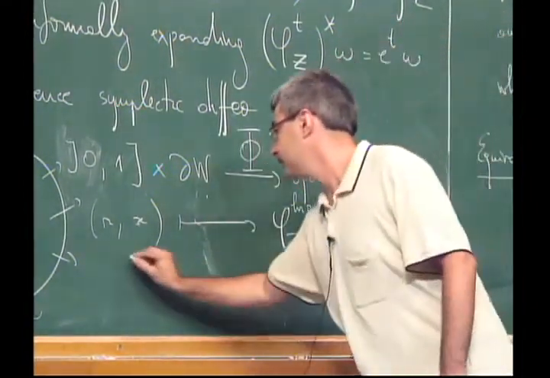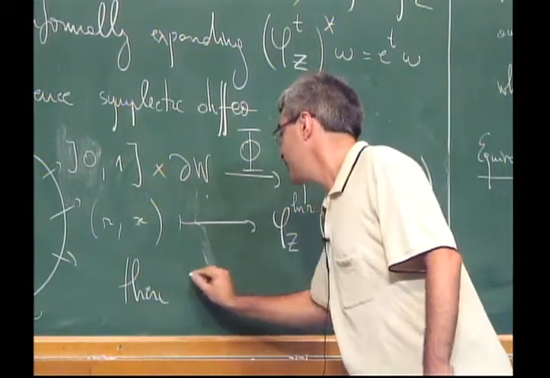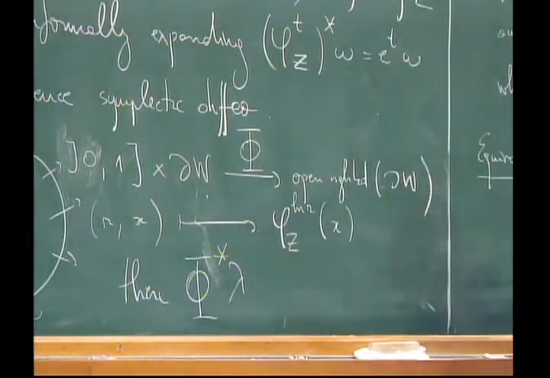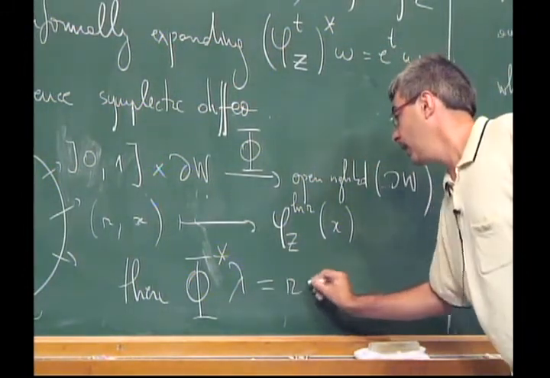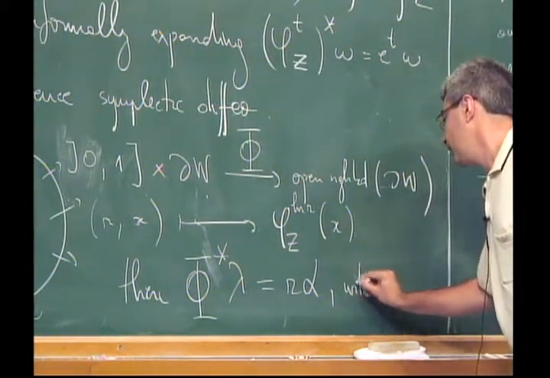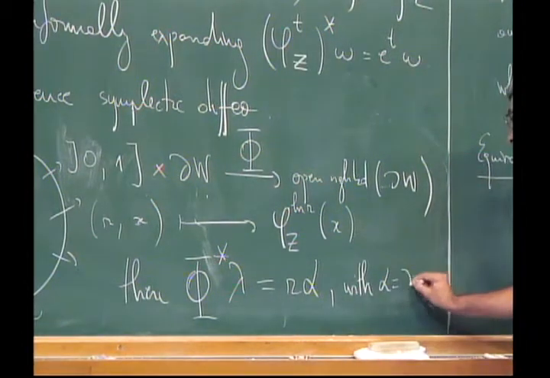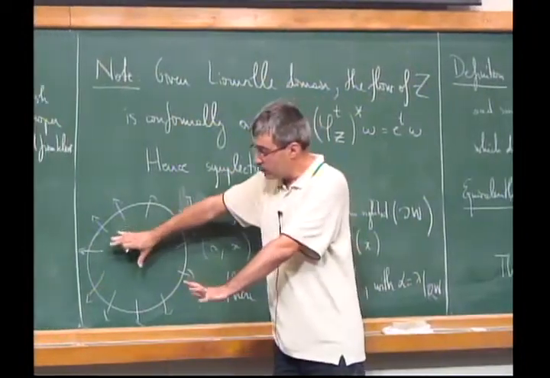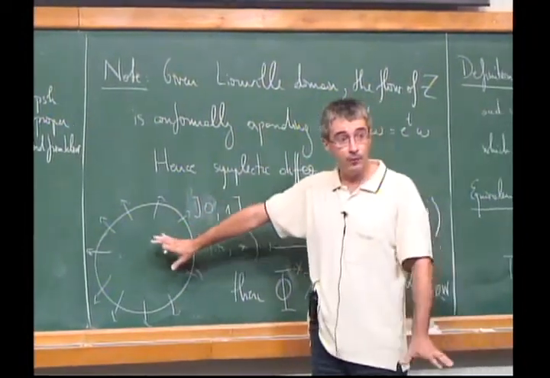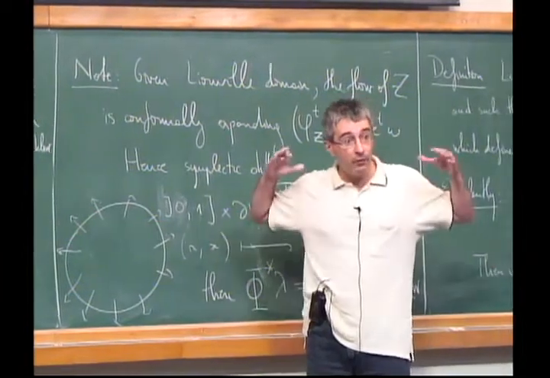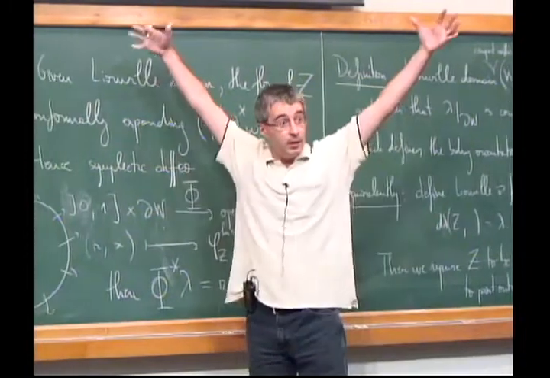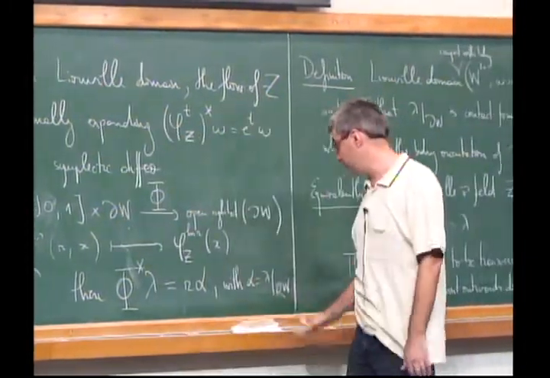And it's not only symplectic, but if you pull back the Liouville form, the primitive of the symplectic form, you get r times alpha, with alpha being the restriction to the boundary. So that means that for a given Liouville domain, a very large neighborhood of the boundary is identified with half of the symplectization, and hence, I can attach the other half and obtain a manifold which does not have boundary.